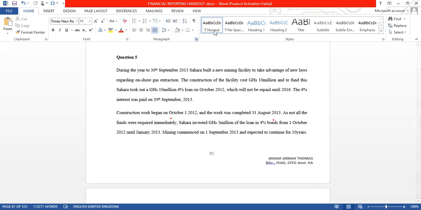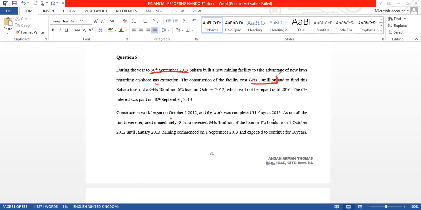All right. So question 5, and this one combines PPE and the standard we've done now. All right. So it says during September 2013, and the date key, you need to underline. Sahara built a new mining facility to take advantage of the new laws regarding the onshore gas extraction. Construction of the facility was 10 million.